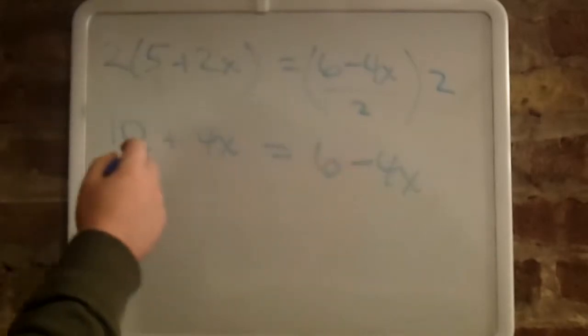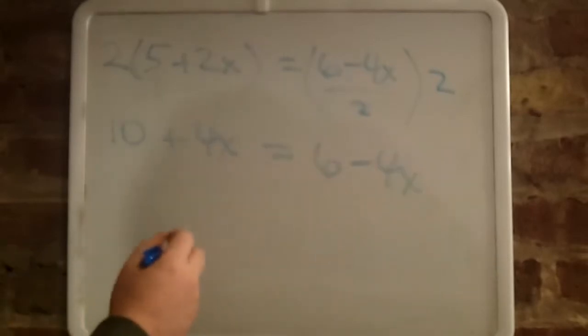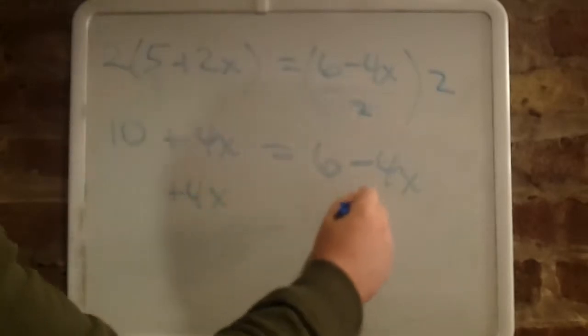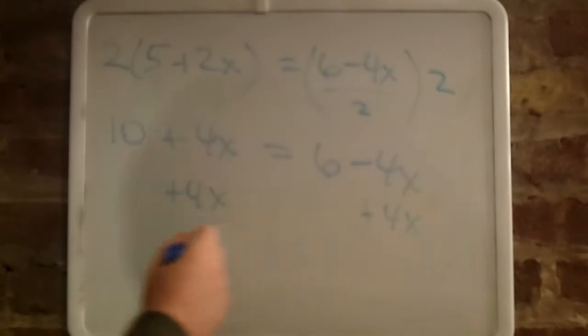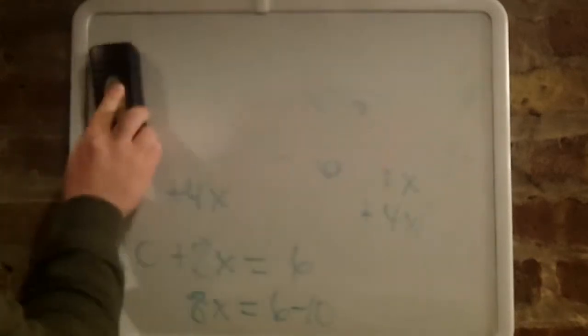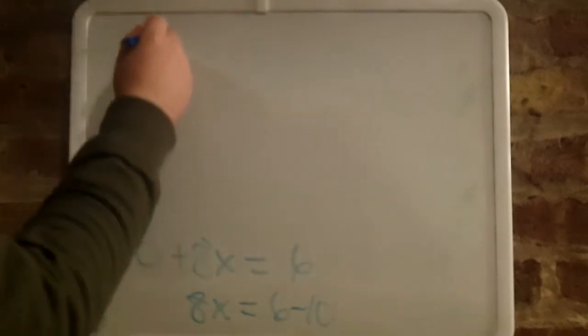Okay, I should add 4x to both sides. So I say plus 4x here, plus 4x here. That gives me 10 plus 8x equals 6. 8x equals 6 minus 10. So 8x equals negative 4.